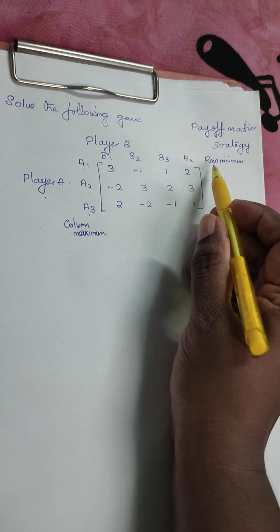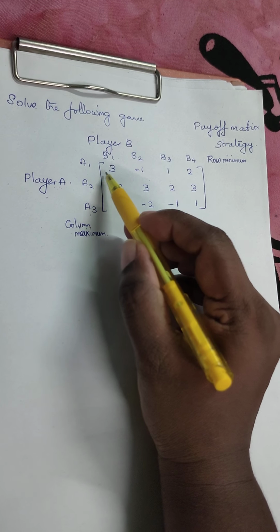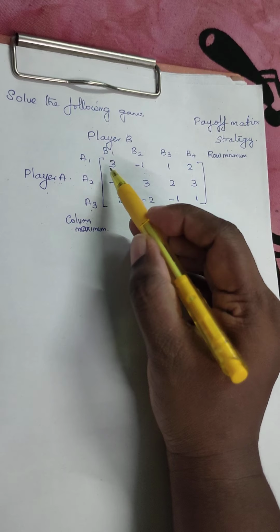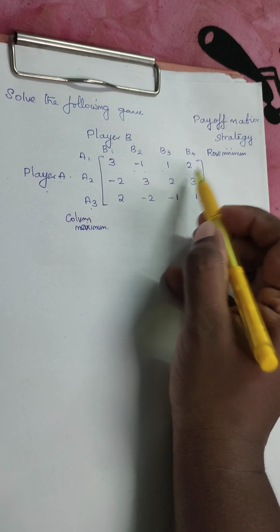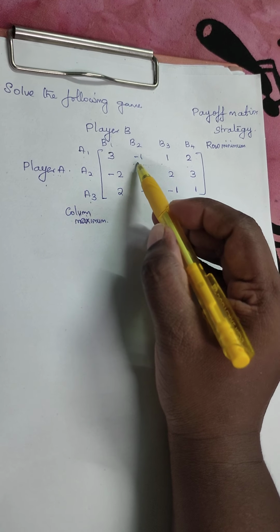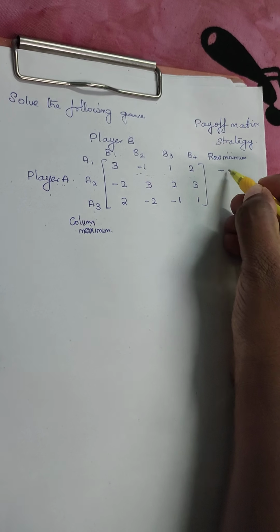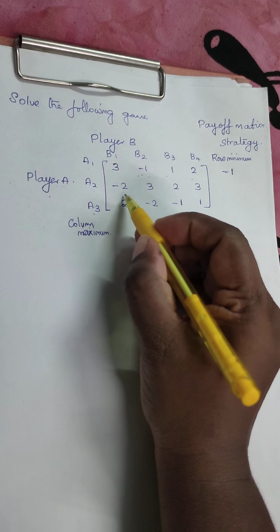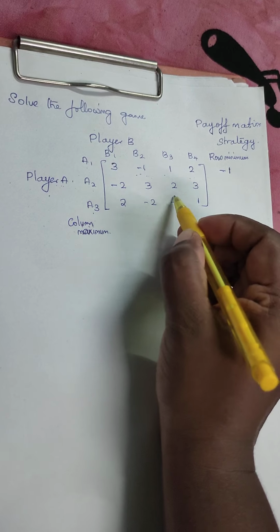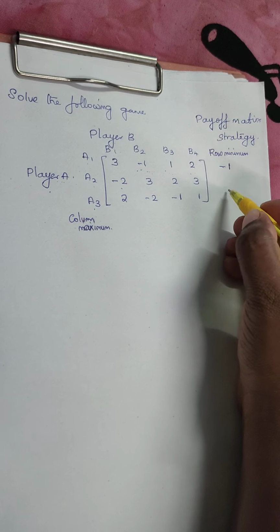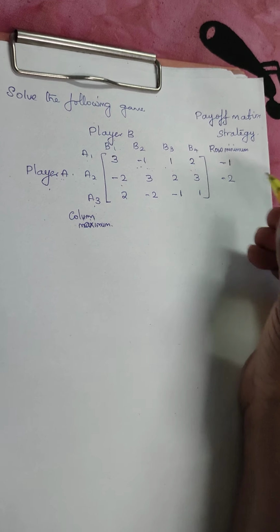First step, row minimum. In the first row, 3, minus 1, 1, 2, we have to select the minimum value, that is minus 1. In the second row, minus 2, 3, 2, 3, minus 2 is the minimum value.